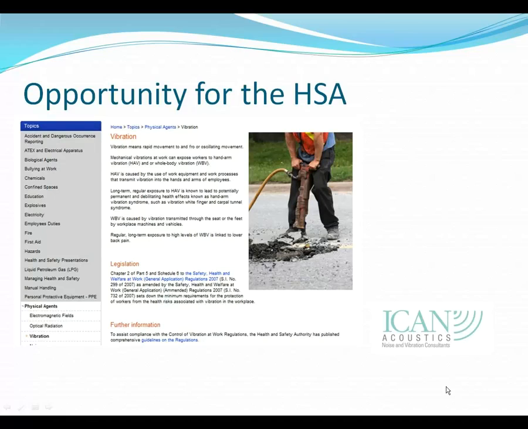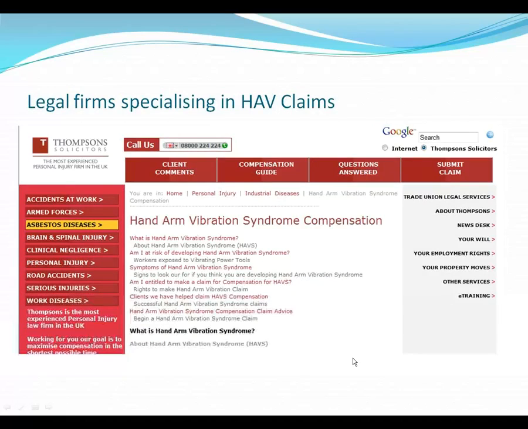One thing to keep in mind, we note in the UK that there are legal companies specializing in hand-arm vibration claims. This is an example of one such solicitors. They offer this as a specialist service. They deal with all sorts of claims, but this is an example of one that deals specifically with hand-arm vibration.